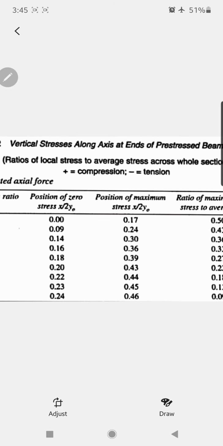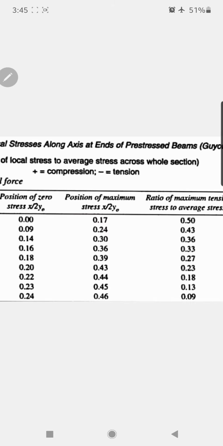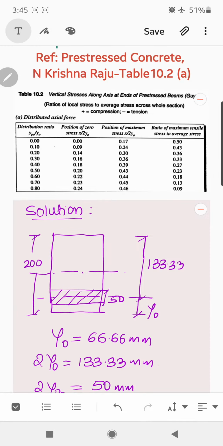You have to interpolate between 0.3 and 0.4, that is 0.16 and 0.18, 0.36 and 0.39, 0.33 and 0.27 in between these.